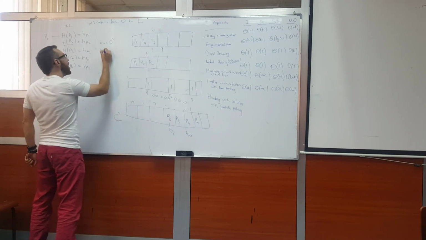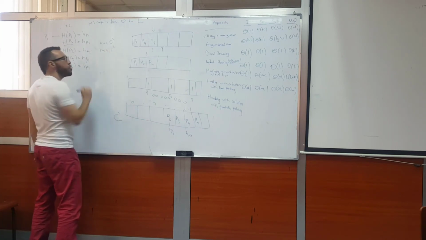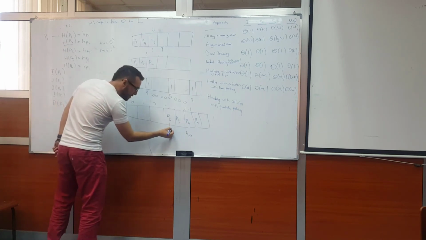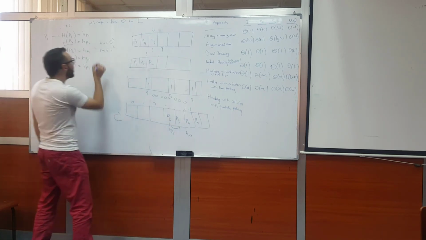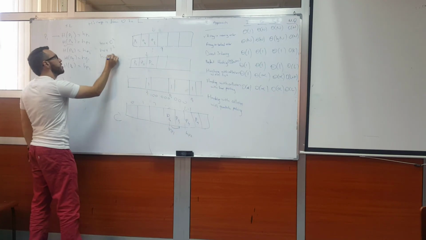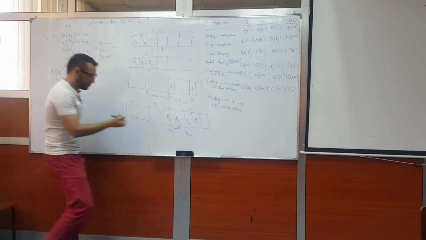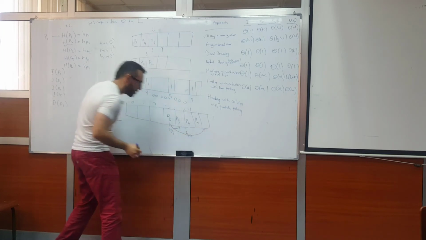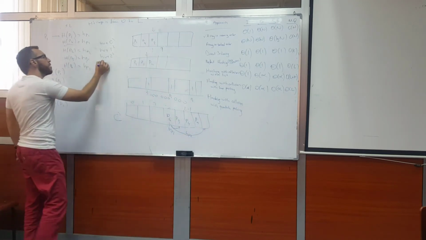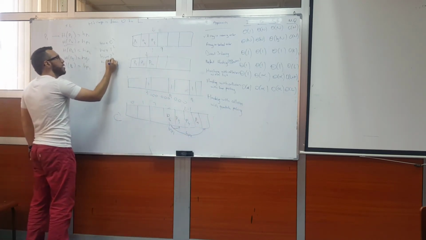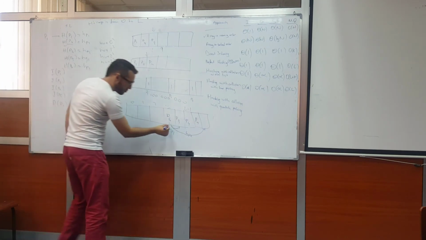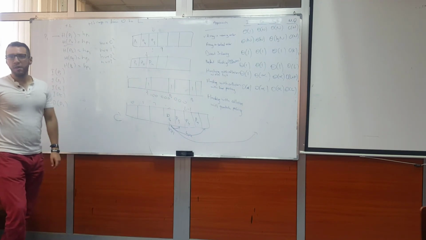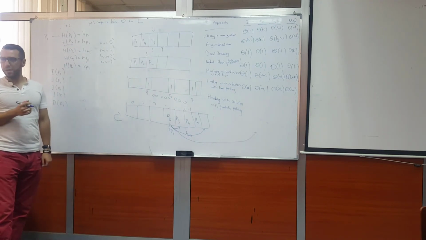And then we check hash value plus square of 1, so we check the next cell. Then we check hash value plus square of 2, so now we are checking 1, 2, 3, 4, this cell. After that, I'm going to be checking HP plus 3 squared. So do you see what's going on here?